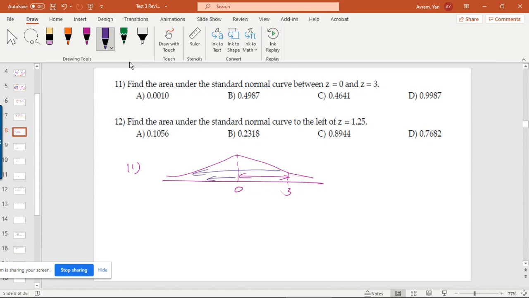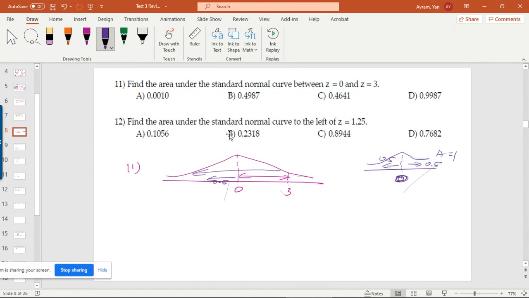Since the bell curve is symmetric and the total area is 1, when the Z-score is 0, the area to the left is 0.5 and to the right is 0.5. So I know this will be 0.5.